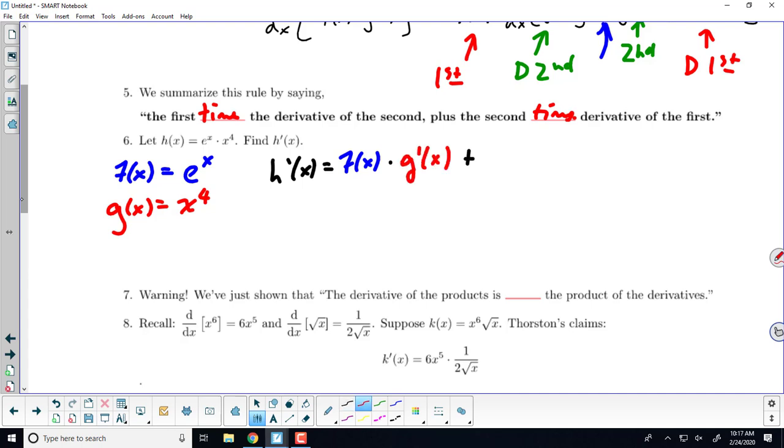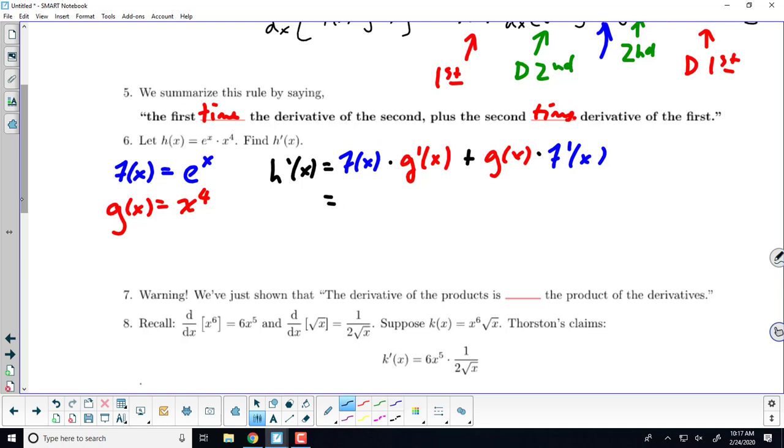plus the second function times the derivative of the first function. Okay? I've given myself a nice little roadmap. You do not have to actually write this part out like this, but I think it's helpful as you first learn the rules. Okay? So let's see here.